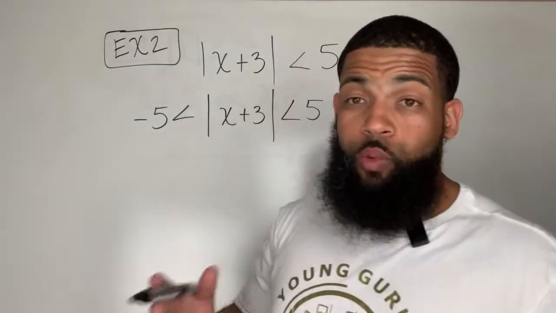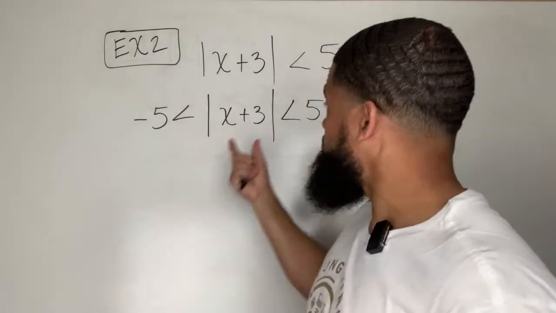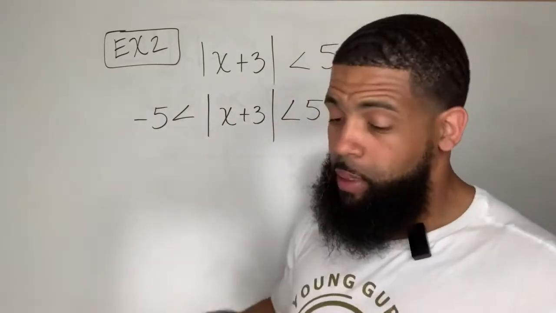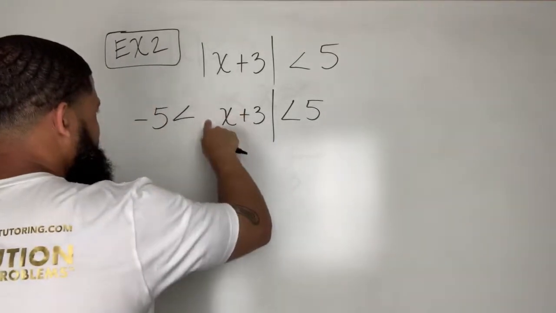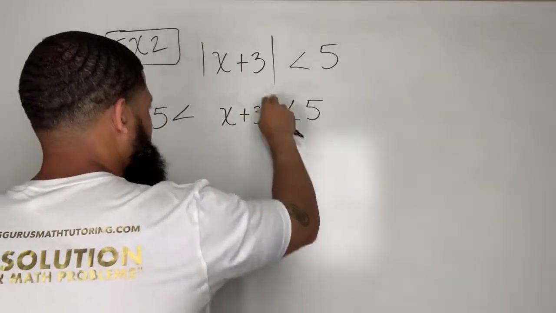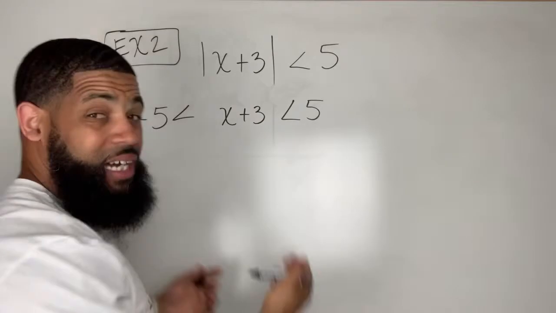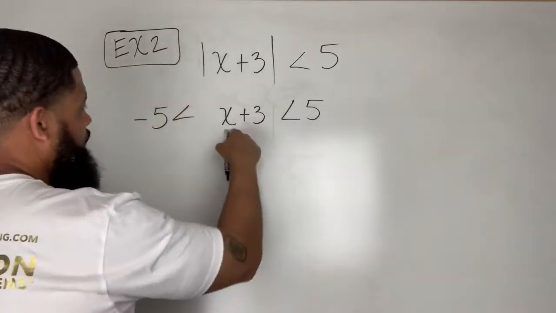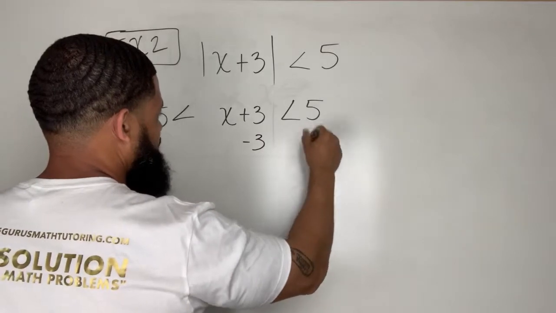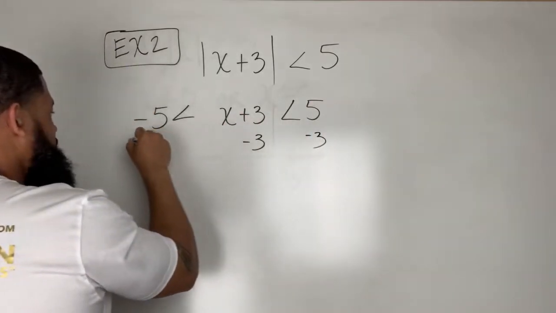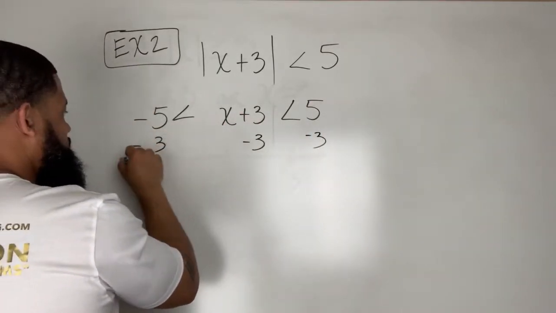Now we're going to get the absolute value sign by itself, and actually I can take it down right here because once I put both sides of it, it's okay. So I want to get x by itself. I want to subtract 3 there, but I have to subtract 3 on this side of the inequality as well as on this side.